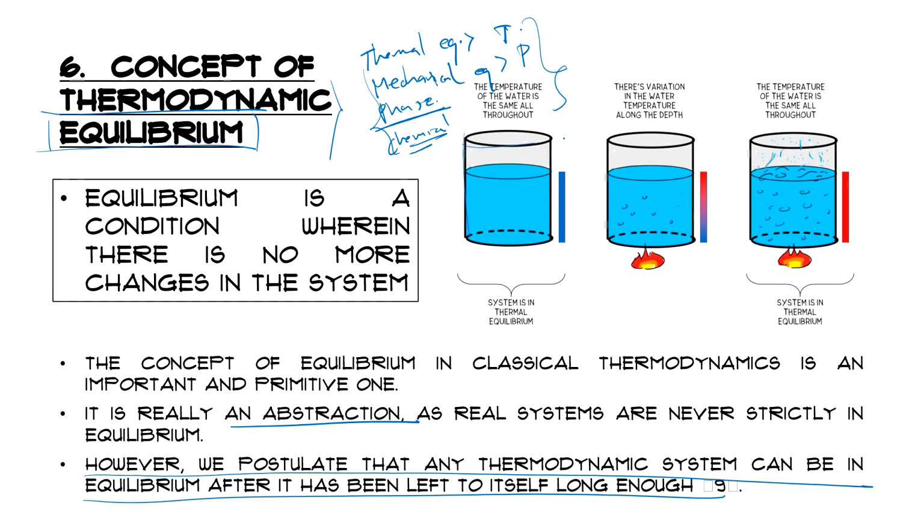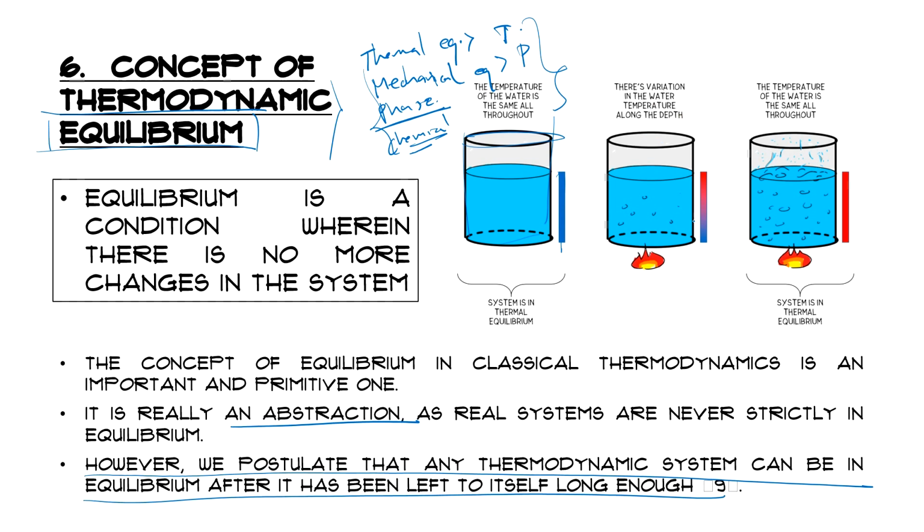For example, initially we have this water, then after some time the temperature all throughout is going to be uniform, or we say it is in thermal equilibrium.